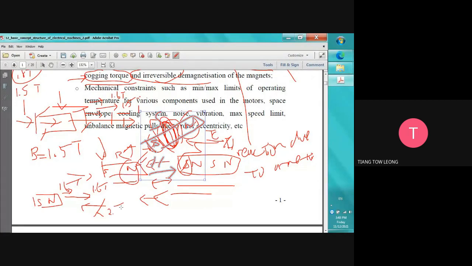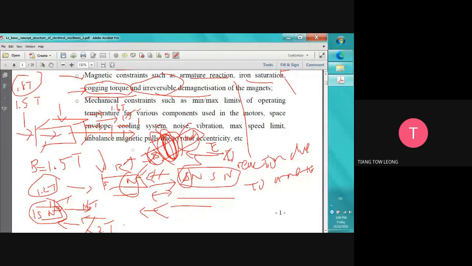Then we impose 2 Tesla in the opposite direction, and after that we release it. Then we found that the remaining flux becomes 1.2 Tesla, for example. This is the so-called demagnetization. The block itself has already lost its magnetism. It's irreversible, it cannot be reversed back.